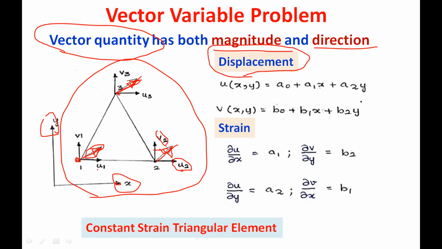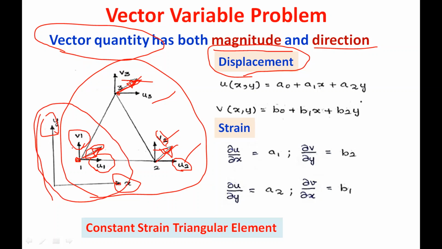So at each node we will have the component of displacement along the x direction, u1, and the component of displacement along the y direction, v1, like this. Here we will get u2, v2, u3, v3. Here we are using the global coordinate system.